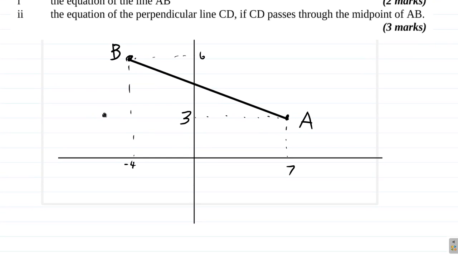Well, you know that generally we see the gradient as rise over run. The rise is the difference between the y. Now, the run is the difference between the x. If you have 2 points and you want the gradient, let's call that g.